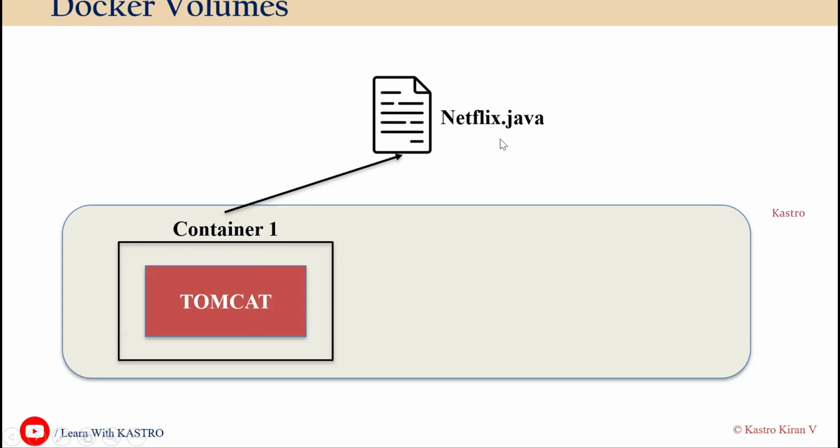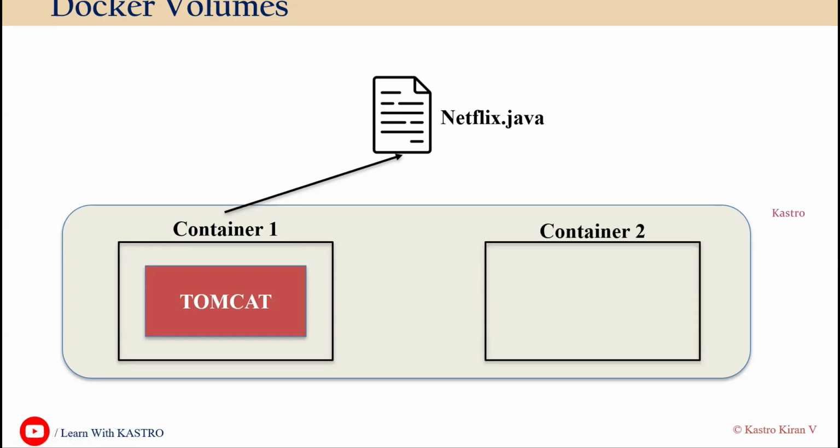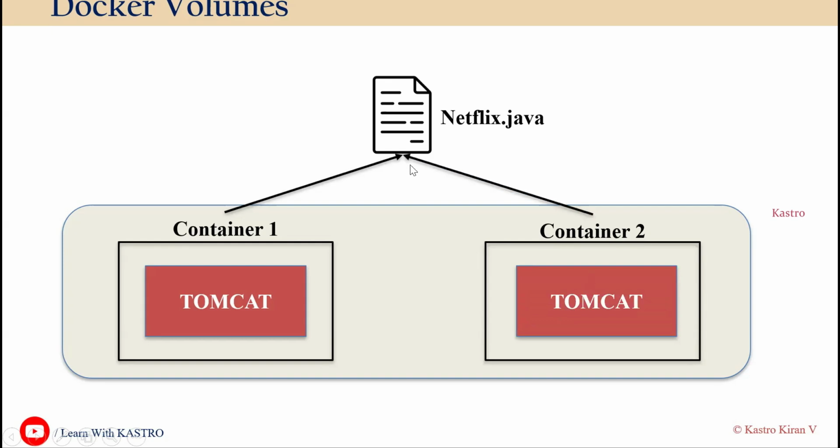But at the same time, let's say I have one more container in the same Docker engine. Inside this container 2, I have the Tomcat web server. Now, this container also wants to access the same Java file. Container 1 and container 2 both want to access the same file.